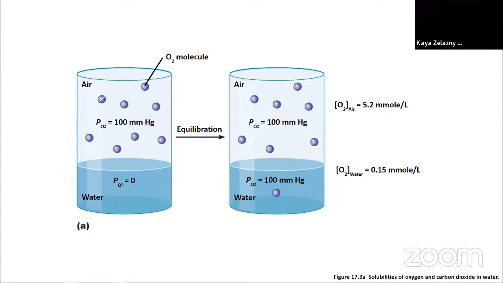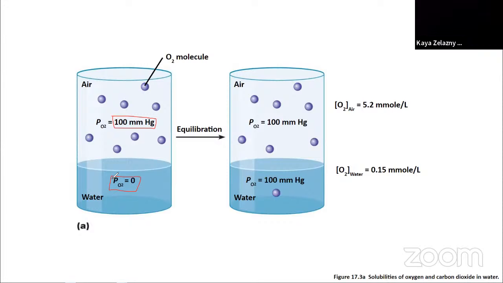So we're counting up those air molecules, and that pressure is related to the percentage of oxygen in the atmosphere, or we could calculate it using our ideal gas laws if we knew the volume of the container, the temperature, and the number of moles of oxygen. But we're starting out at a partial pressure of 100 for oxygen in the air. And down here in this figure, our partial pressure of oxygen in the water is 0. So there's no dissolved oxygen in this water at the start of this experiment.